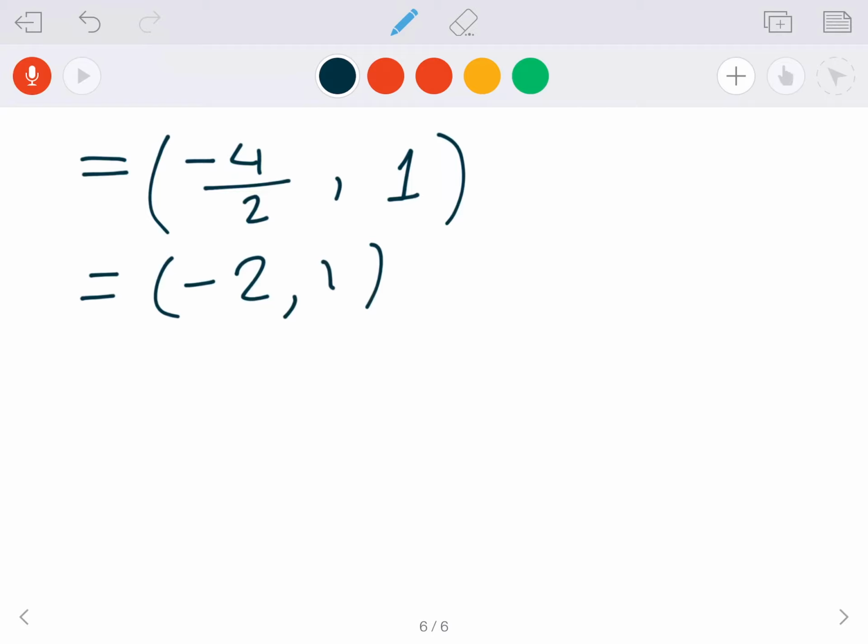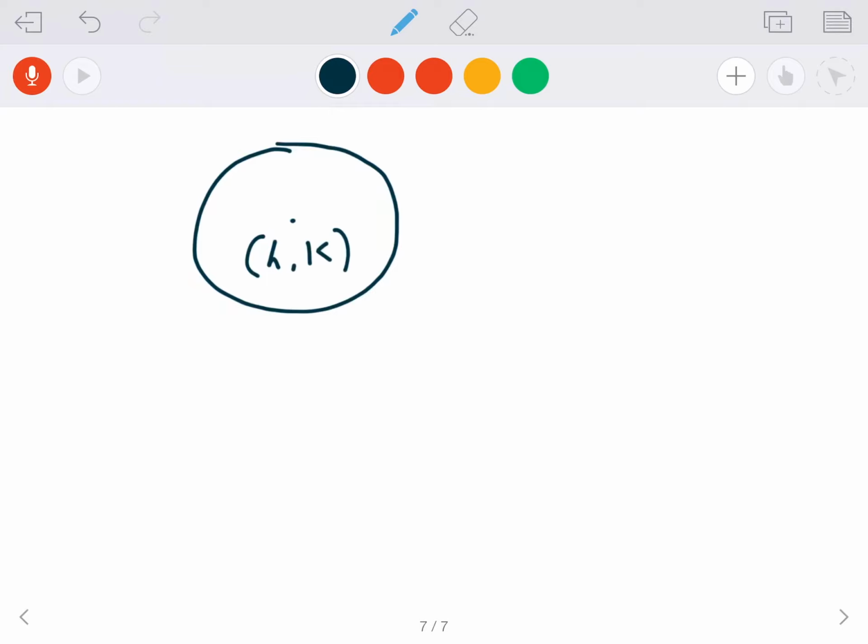Okay, and the next one is the circle. Let's say we have a circle. The center of the circle, we always say h comma k, and we can pick any point on the circle and say that point is x comma y.